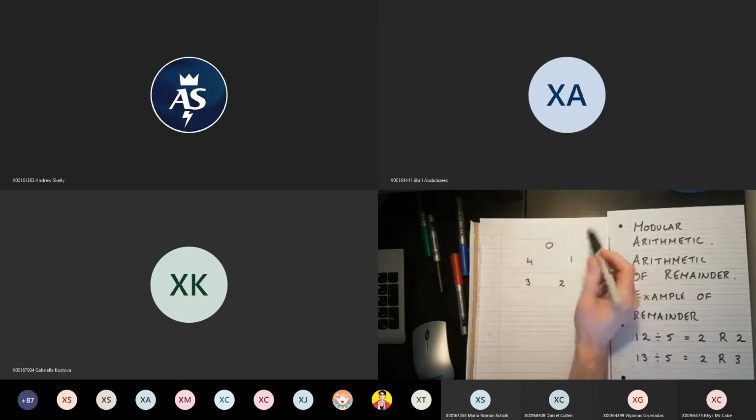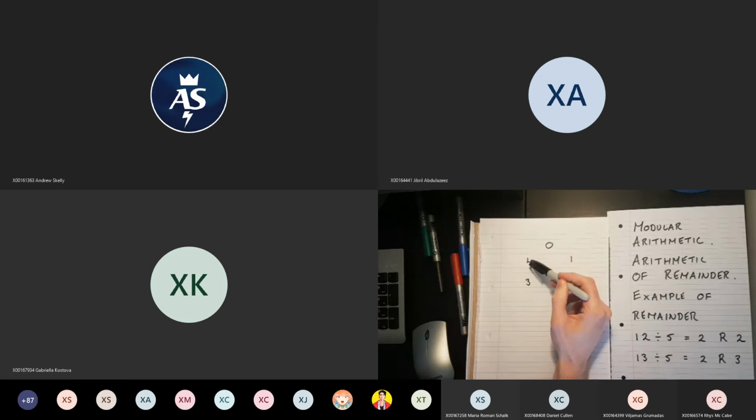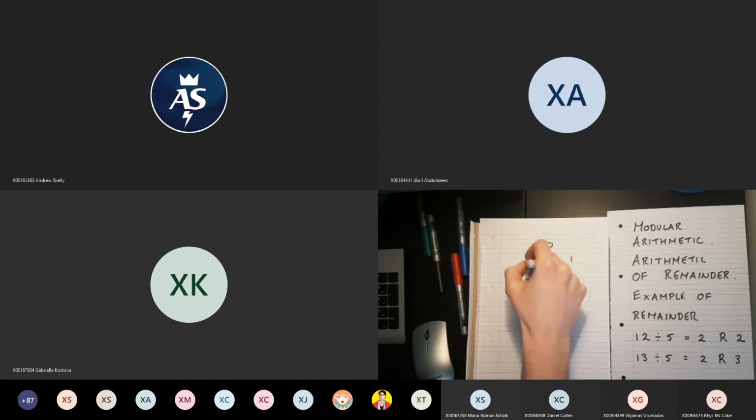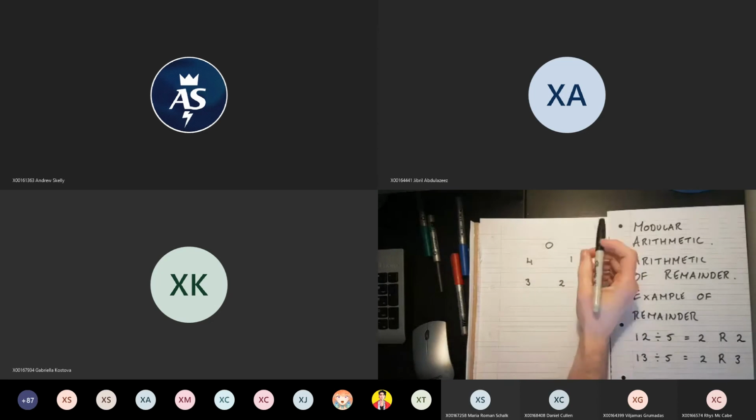Here's the important thing: what if I started with 3 and wanted to add on 4? Then I would start at 3 and go 1, 2, 3, 4. I move through 0 and come out the other side. So in my system of remainders, 3 plus 4 is actually going to give me a 2. We'll talk about why that is arithmetically in a second, but I just want you to see the clock for a moment.